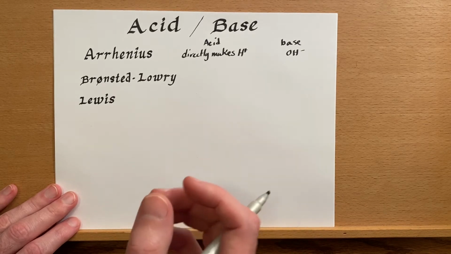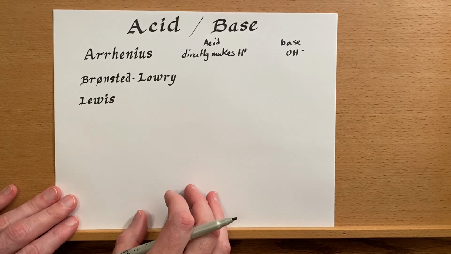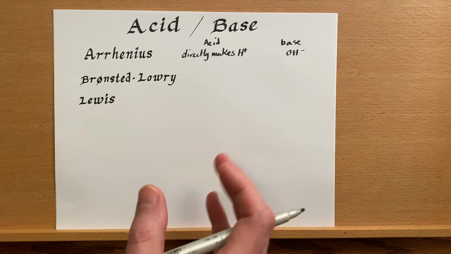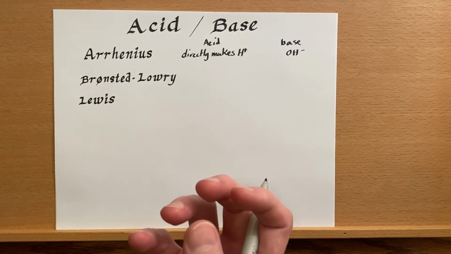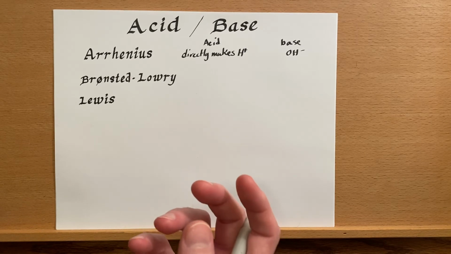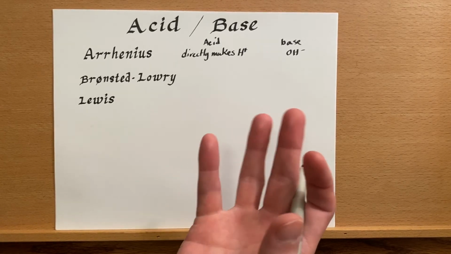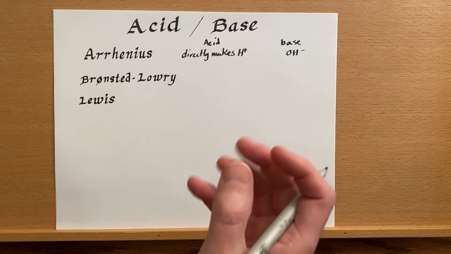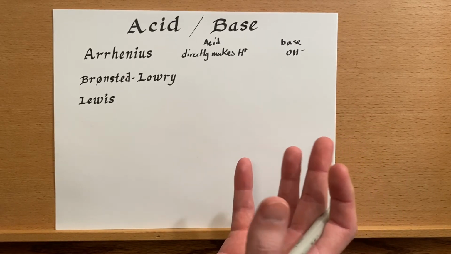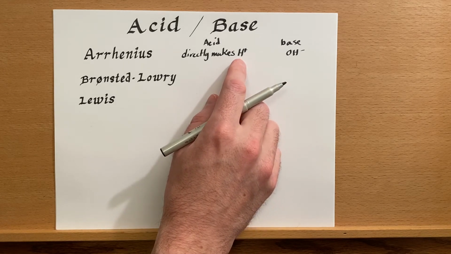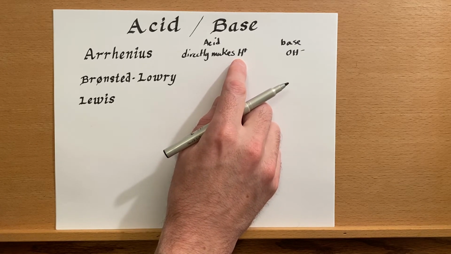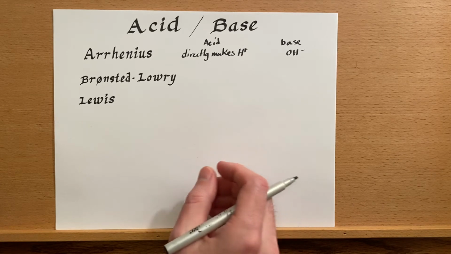And we know that there are more bases because there are substances that react with acids to create a neutralized solution that don't have OH- or hydroxide in the formula. Similarly, there may be some substances that don't have H+, but we'll have to move on to a different definition to get there.